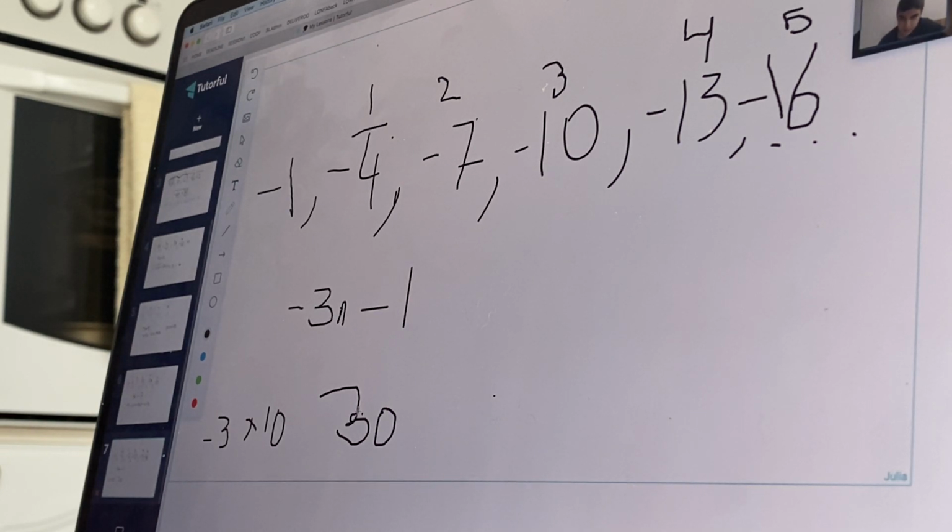And there's 30, and then subtract, add negative 1, and that's going to be, just subtract. So it's minus 30, take away 1. So remember that this guy here is minus. Okay, so minus 30 minus 1.